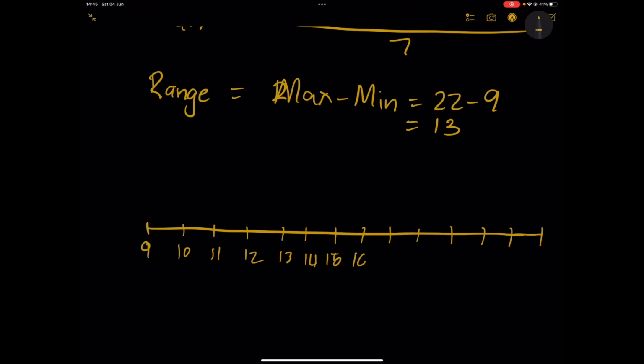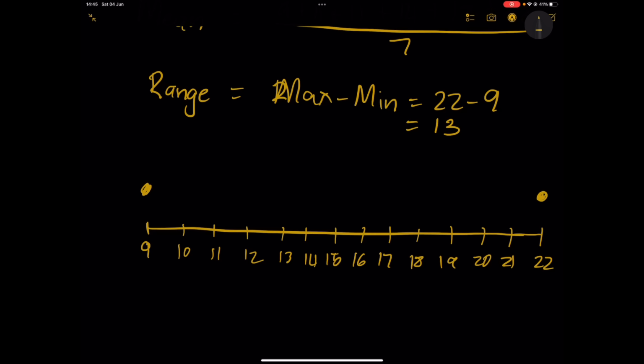Right, so the minimum value, we said, was at 9, and the maximum value is at 22.